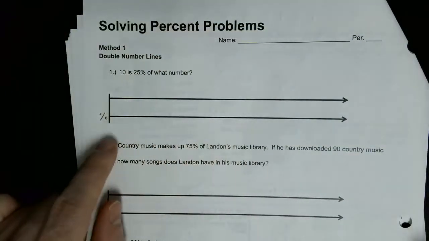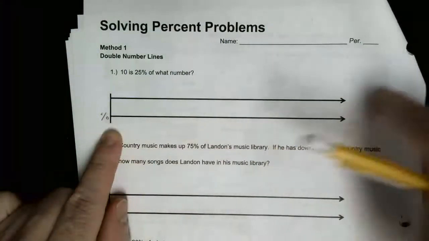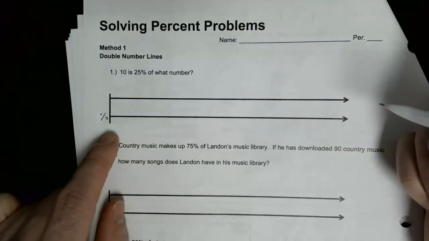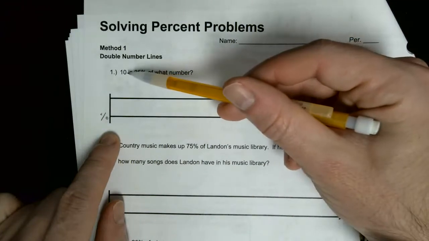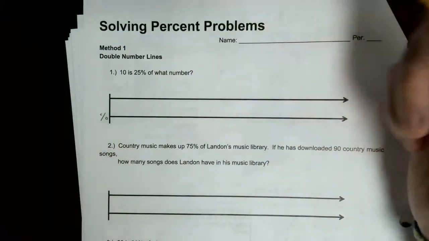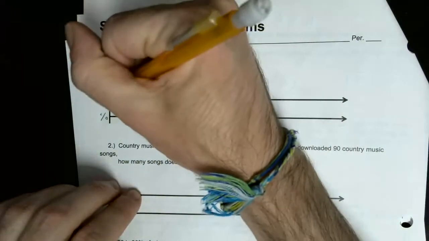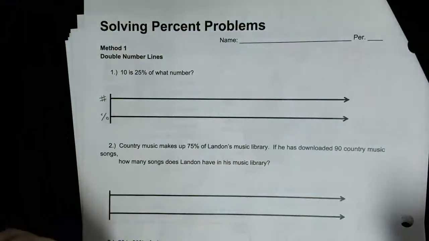Whenever I'm thinking about percents, it's going to be the bottom line. The top line is for the other number we're working with. And sometimes that number is labeled, sometimes it's not. For example, right here, 10 doesn't have a label. It's not like it's 10 chickens or 10 hats or anything like that. It's just 10. So I'm just going to put the number sign here, also known as a hashtag.